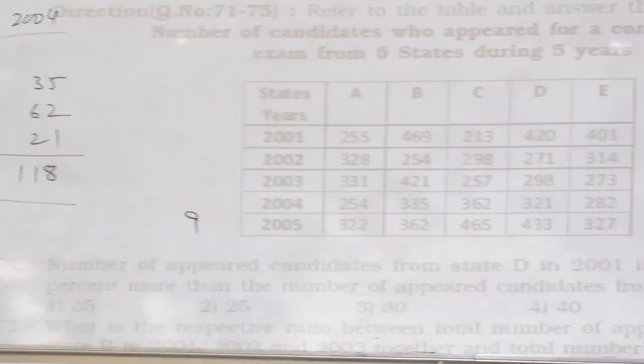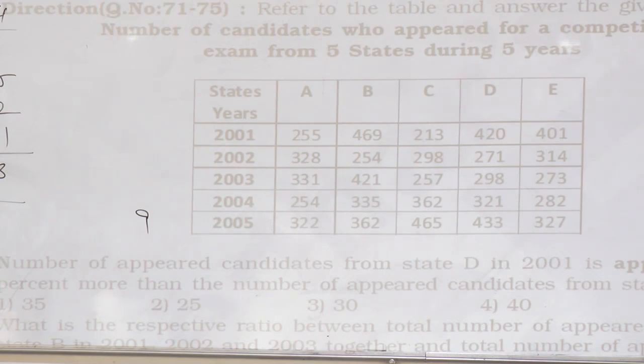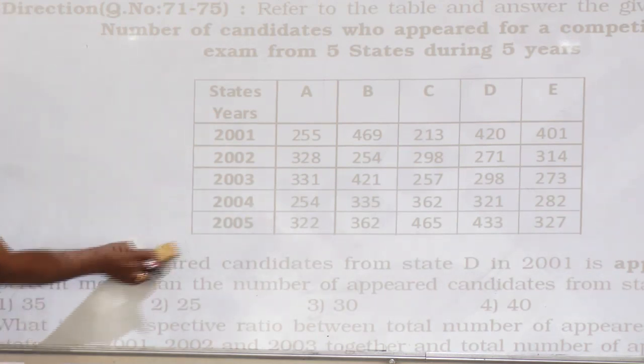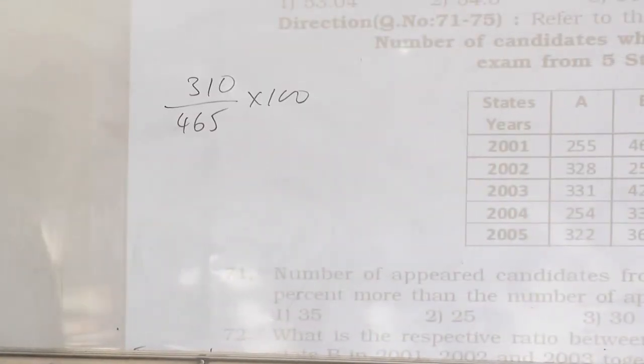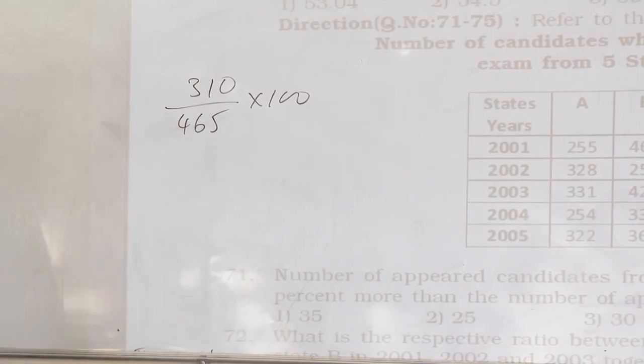Out of this, only 310 got qualified, and he asked about the qualified percentage of candidates. Yes or no? Right. So 310 out of 465, percentage, so into 100. Look at your options, very close to 60.